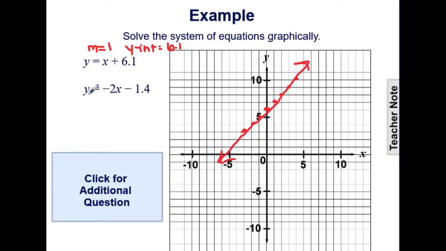And the second one, again in slope-intercept form, we can see the slope of -2, but we see now a y-intercept of -1.4. So -1.4, I'm definitely going down to -1, but maybe halfway between the boxes I can approximate. And then I have to go down 2 and right 1, but I'm already losing sight.